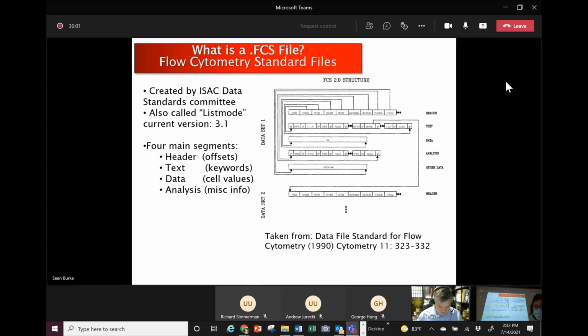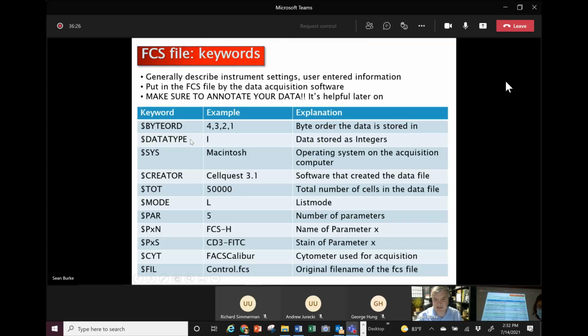There's a whole group of smart people, or people who think they're very smart people, who create standards around these files and what they do and what they store. But for the purposes of today, there's really two important pieces of information in these data files: something that's called text or keywords, and the data, the values, the measurements that come from individual cells. And they both have important places in the science.